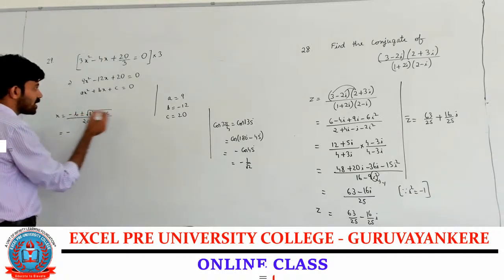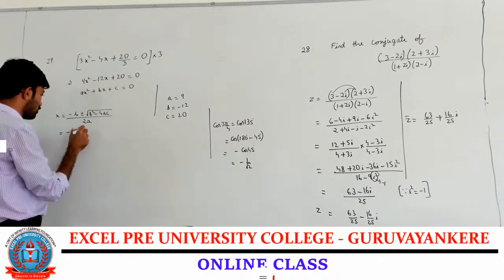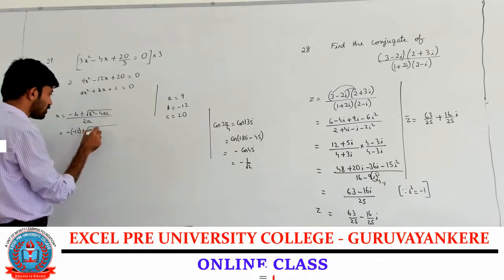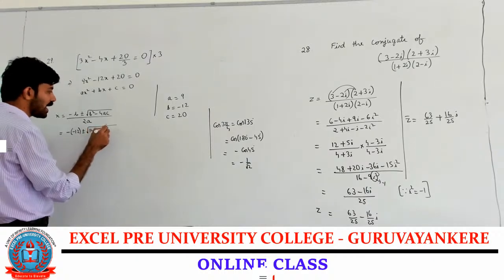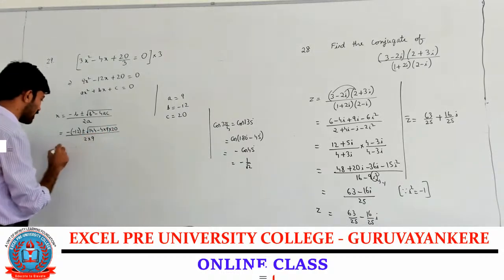Minus b is minus of minus 12, plus or minus root of b square, 12 square is 144, minus 4 into a is 9, c is 20, divided by 2 into the value of a, which is 9.